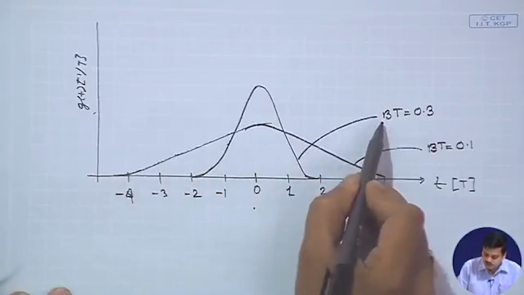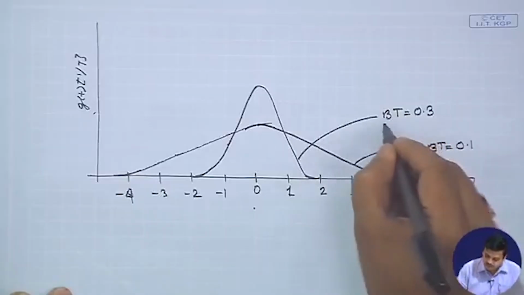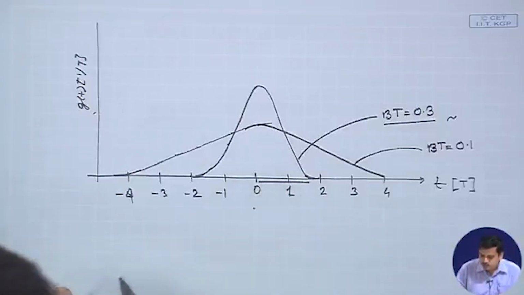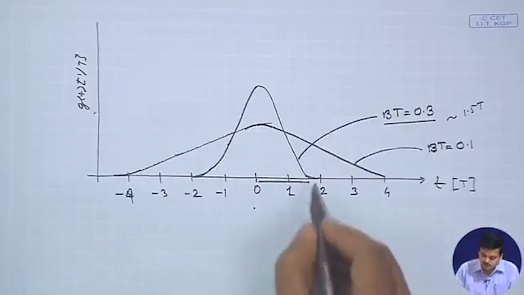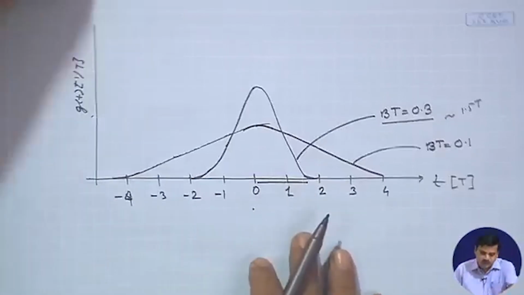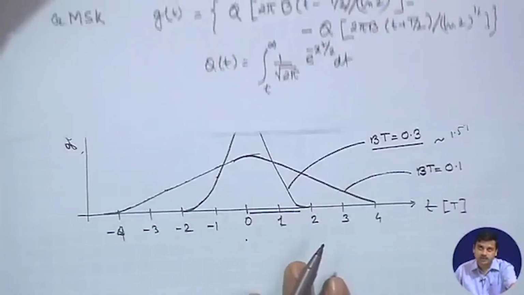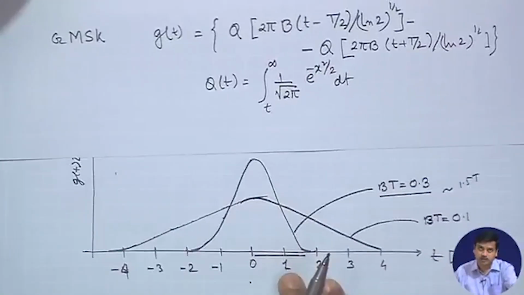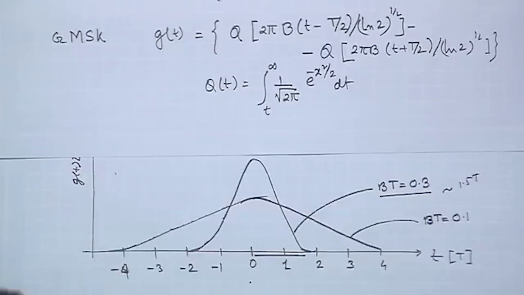So, there is a trade off between the bandwidth and the pulse duration, and typically you could truncate the pulse up to nearly 1.5 T, and that would be good enough. There would be some approximation errors which are manageable. So, what this figure tells you is that this kind of pulse is not a full response pulse, it is a partial response pulse.